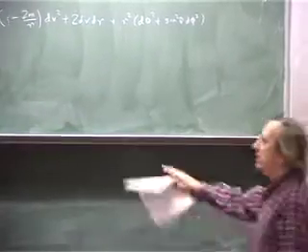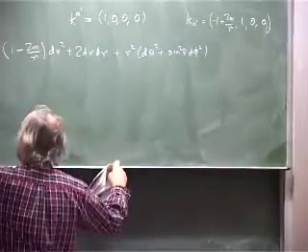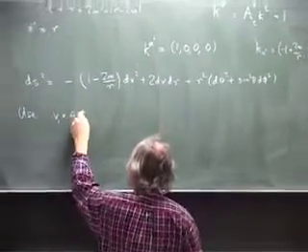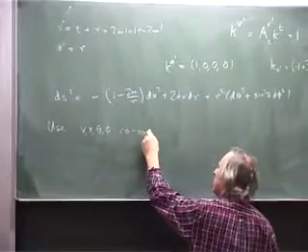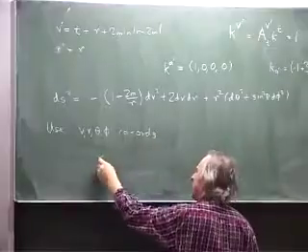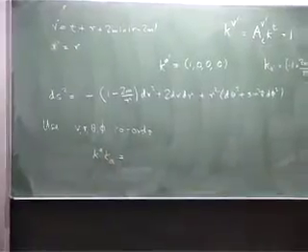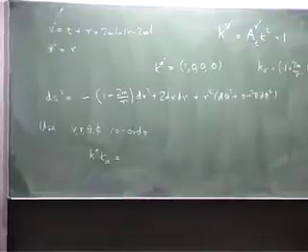K in the v, r, theta, phi coordinates. What is K_a K^a? I'll drop the primes from now on. Well, that's easy, it's just minus 1 plus 2m over r.